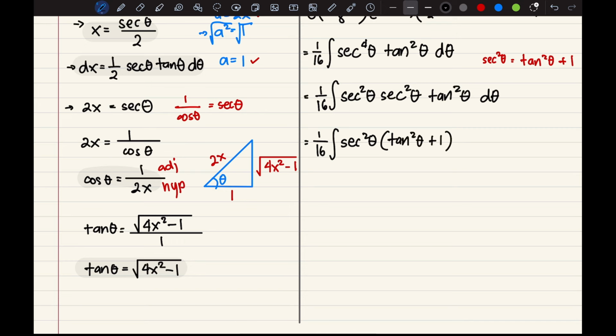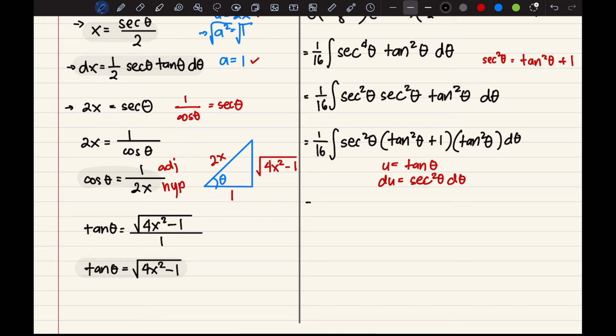And then lastly, we have tangent squared theta d theta. So again, a reminder, when substituting, it is very important that we leave 1 secant squared theta in our integrand, since this will be our differential u when we substitute. So by using the method of substitution, we have u is equal to tangent theta. Therefore, the differential u is equal to secant squared theta d theta.